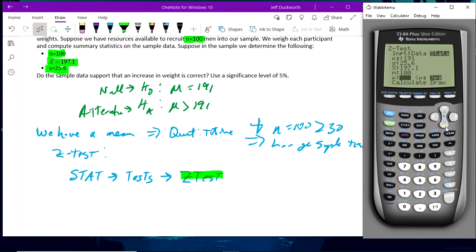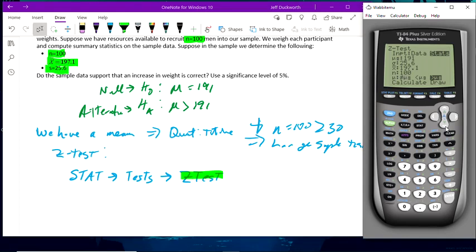All right, so all of that is good, and that's going to do any of the 3 different types of tests, whether it's two-tailed, left-tailed, or right-tailed. We will get the same test statistic regardless of our next choice, but this next choice is very important for the p-value. We have to tell it which version this is.